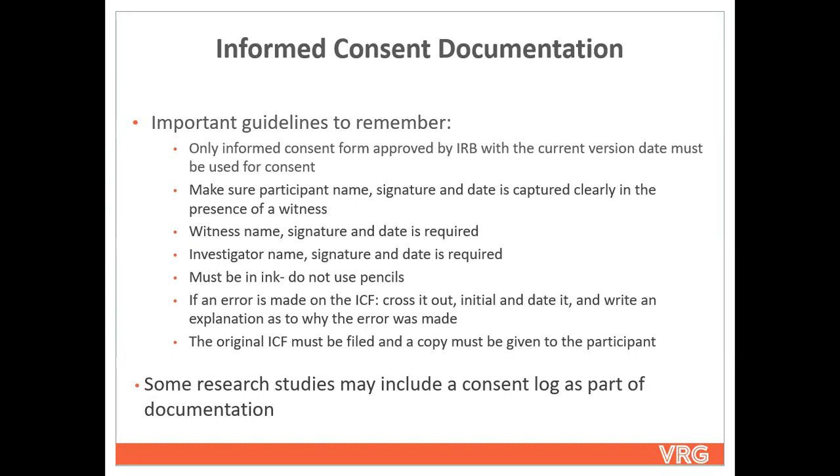And then again, the original consent form must be filed and a copy must be given to the participant. Sometimes there is a consent log as part of the documentation where you would enter the information for the consent.